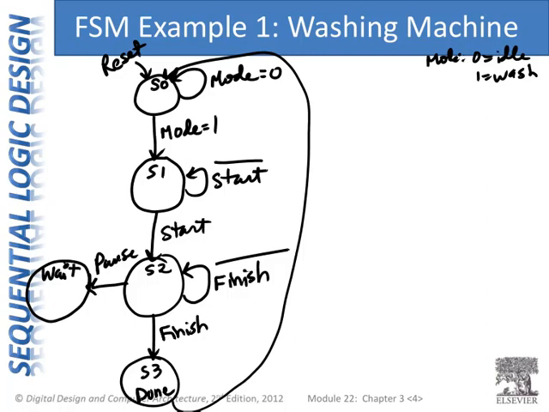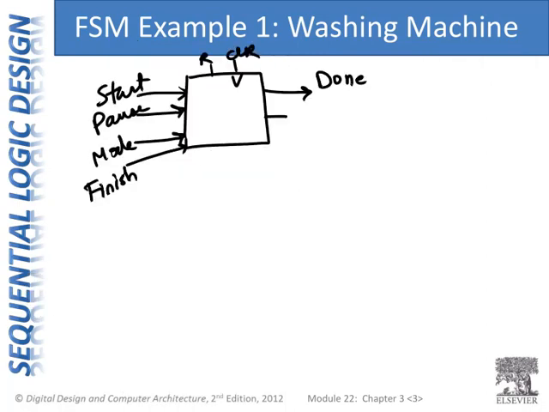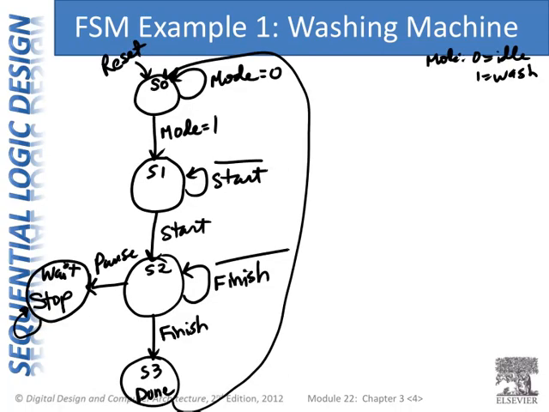And maybe we have another output that stops the washer, a stop output. So we can add that output here. We wait for the start button to be pressed again. As long as start is 0, it stays in that state. It goes back when start is pressed again.